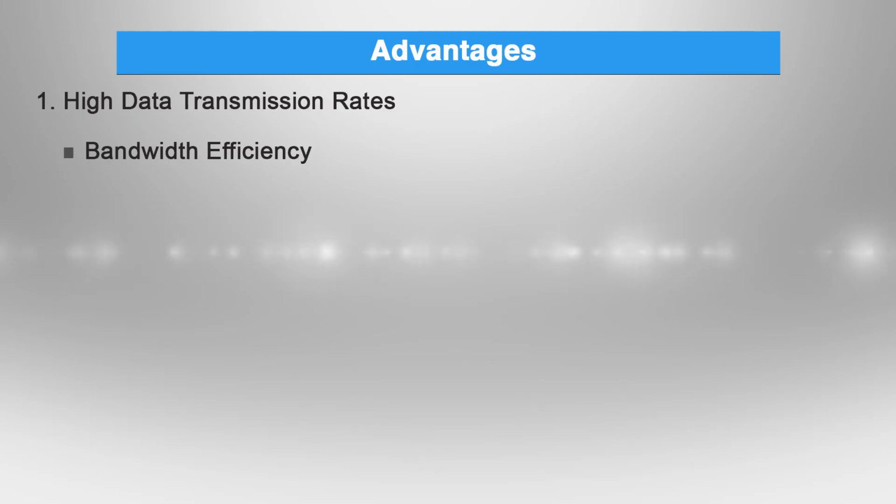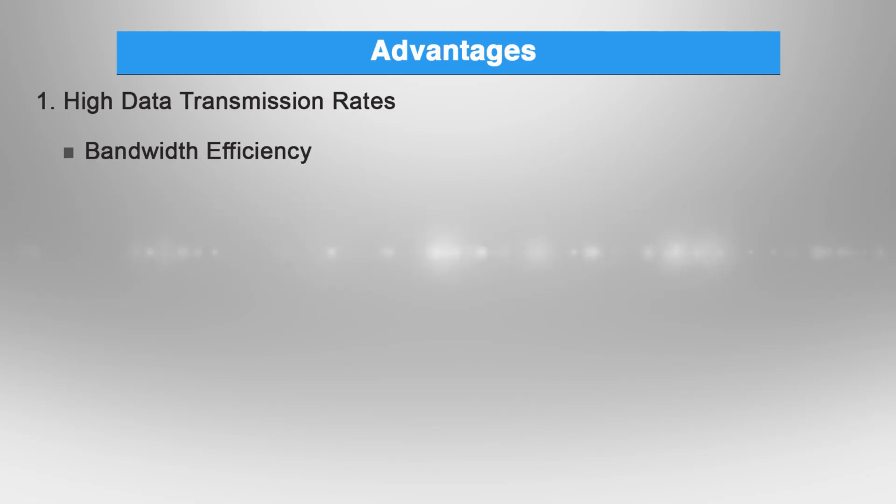Now, let us discuss various advantages of optical modulation techniques. First one is high data transmission rates, meaning bandwidth efficiency. Optical modulation allows for the transmission of data at very high speeds due to the large bandwidth available in optical fibers.